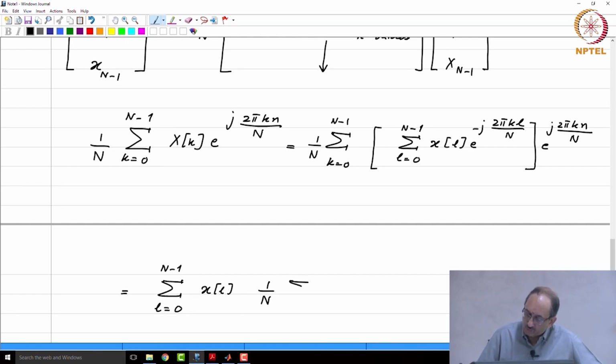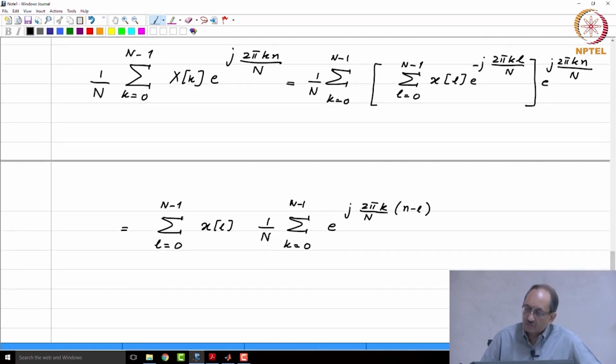So, this is nothing but 1 over n, k going from 0 to cap N minus 1, e to the j 2 pi by cap N times k times n minus L. All I have done is collect all the remaining exponential terms, and this is what this is.